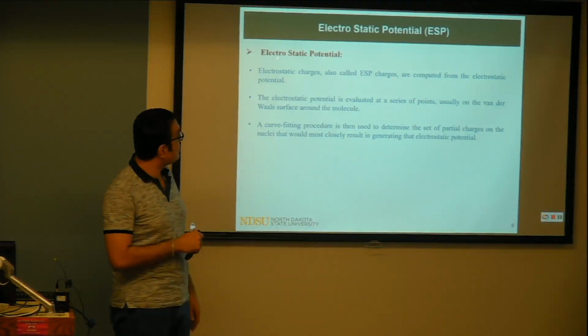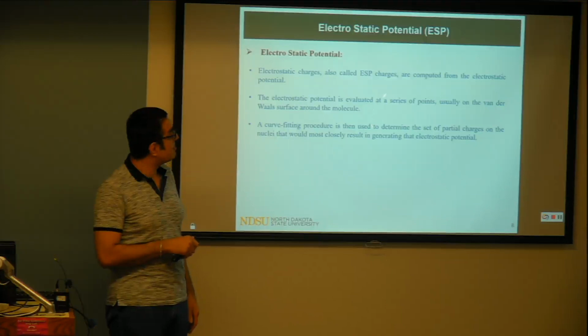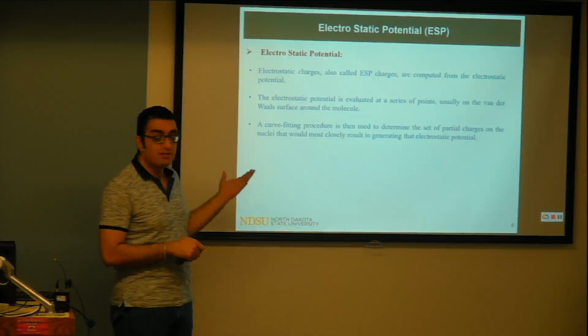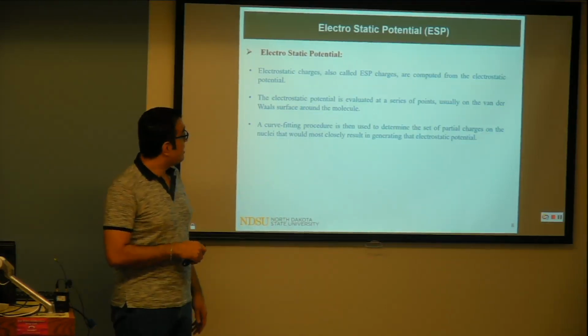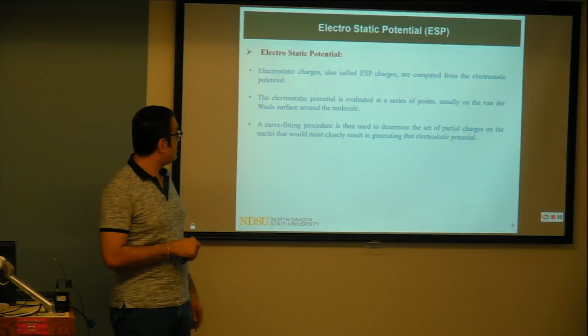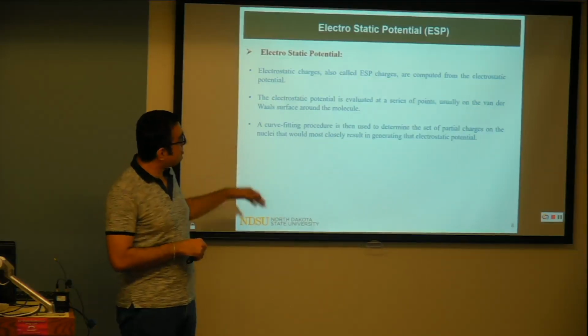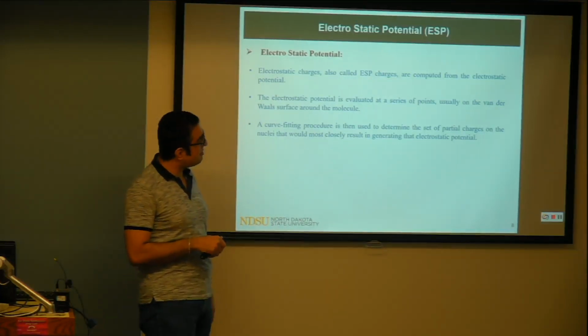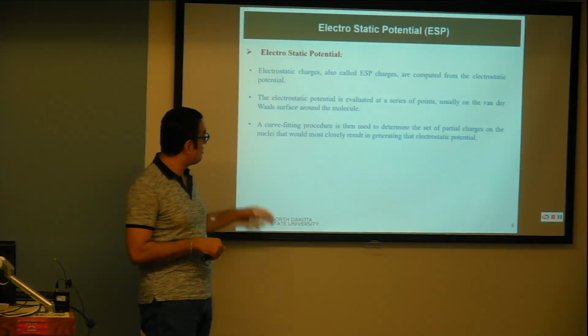Usually, electrostatic charges, also called ESP charges, are computed from the electrostatic potential. ESP is evaluated at a series of points, usually at the van der Waals surface around the molecule, and then a curve fitting procedure is used to determine the partial charge on the nucleus.